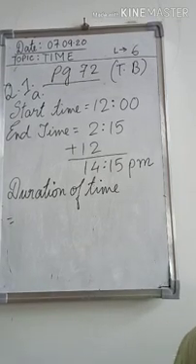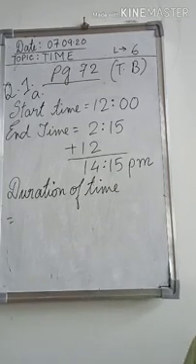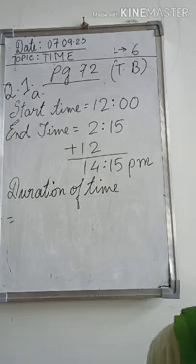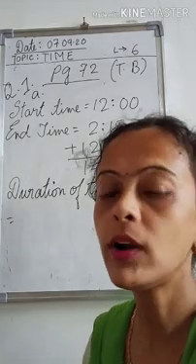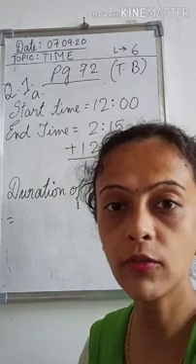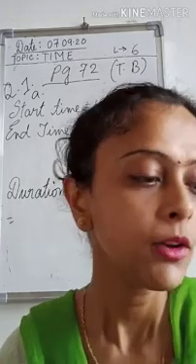Note it down everybody. Okay, just now you have written 3 lines from the yellow part. What was the first line? We have to find the duration.